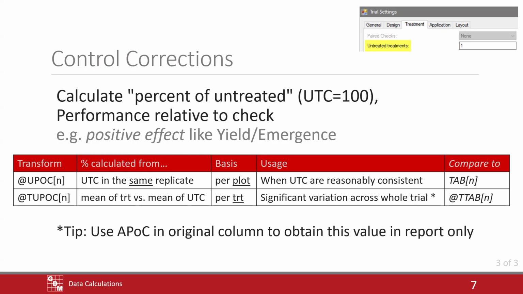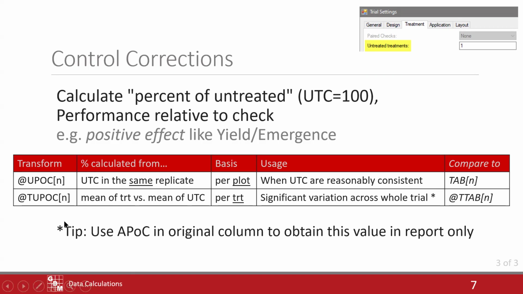So something when your assessment is a positive effect, if you're looking at yield, things like that, then you really want your check to be 100 as kind of the baseline, and then how much better did we make it with our product. And so pretty similar construct as far as slight variations in how you can go about this, very similar to what we had with Abbott.